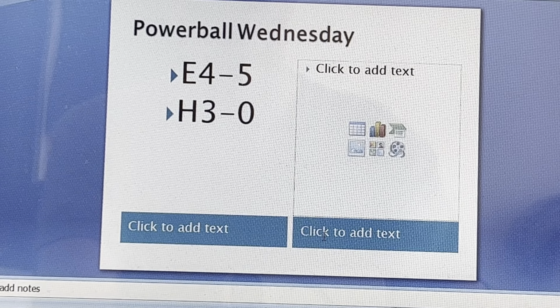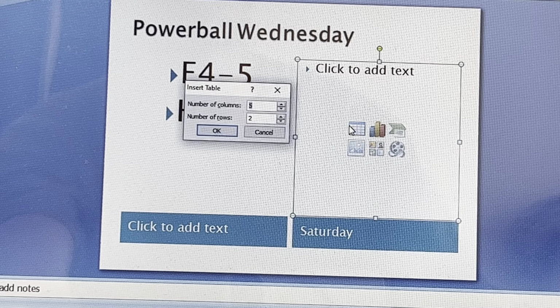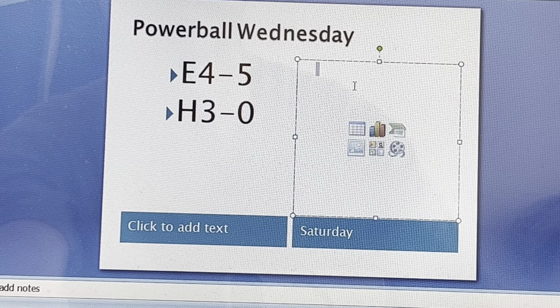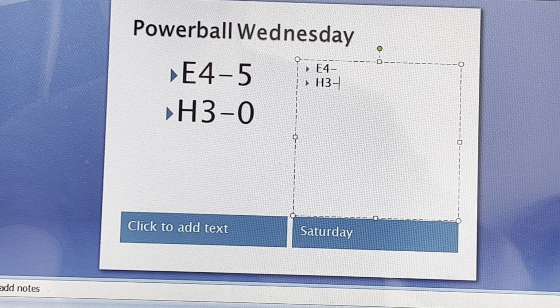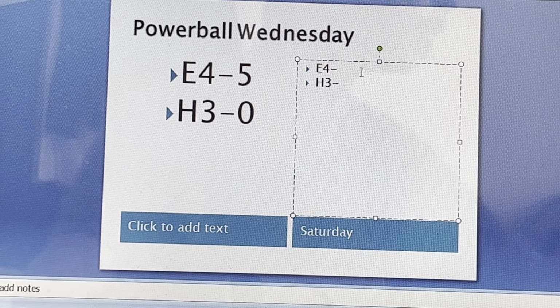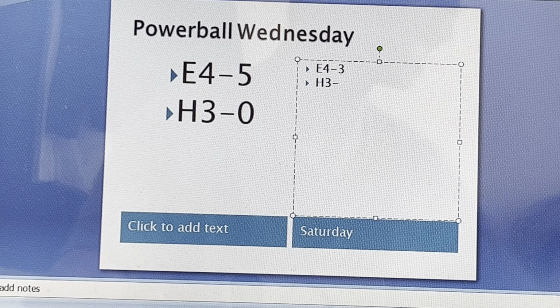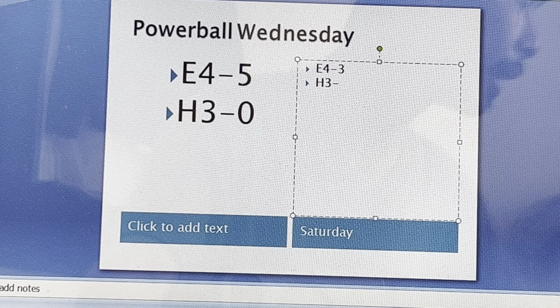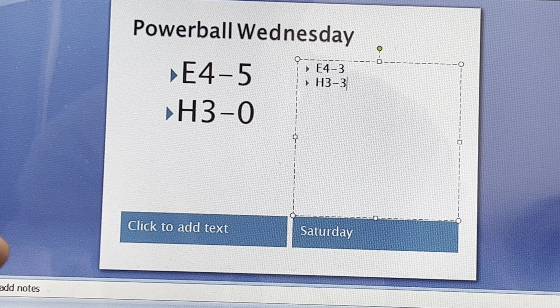Now on the next two coordinates, we have E4 and H3. So if you look at E4, I have 3, and H3, I have 3 right there. So both are 3.